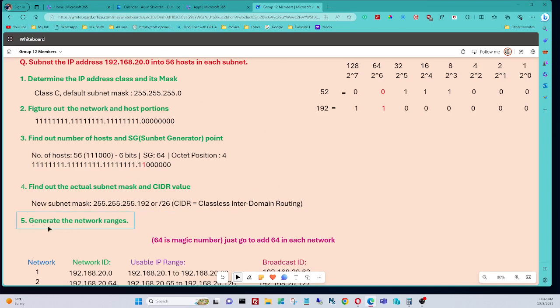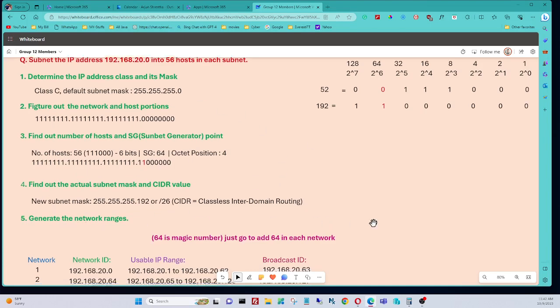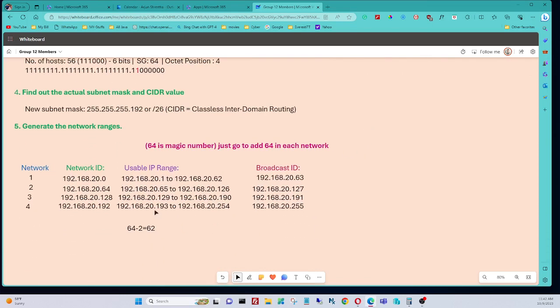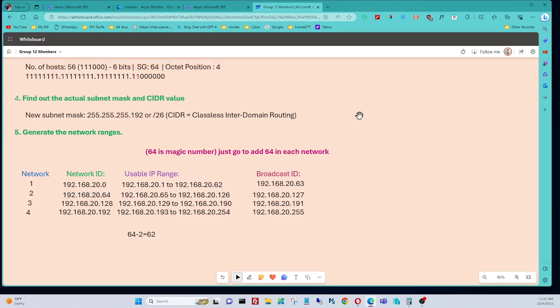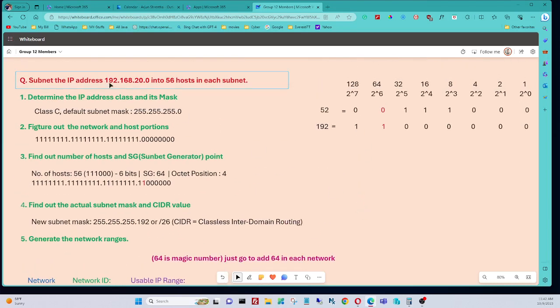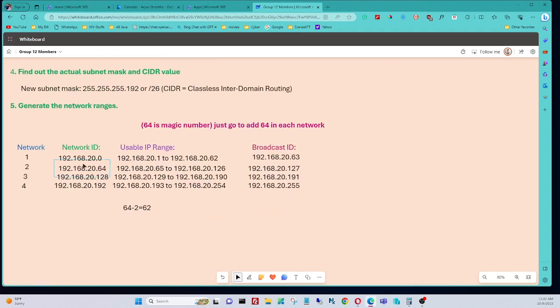Now the fifth step is to generate the network range. How to generate that? Okay, let's see. I always put 4 networks here, because we can get 4 networks from here. Otherwise, if you don't know, just put the first number of your IPs, 192.168.20.0, right?